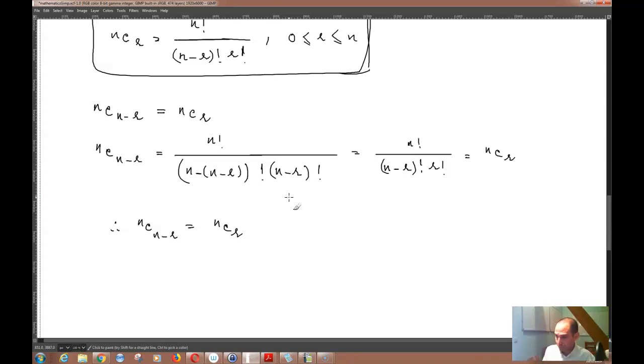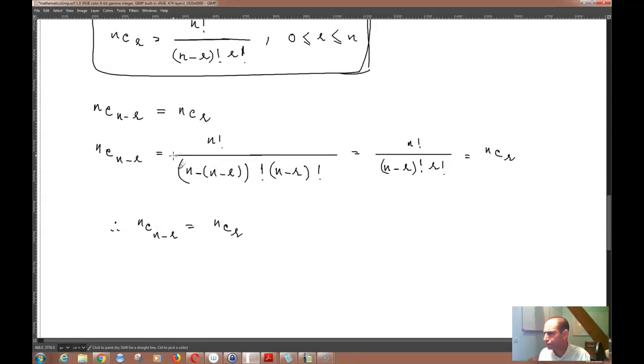And what that means is that selecting r objects out of n objects is the same thing as rejecting n minus r objects.